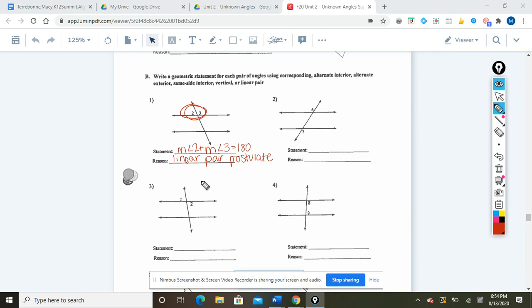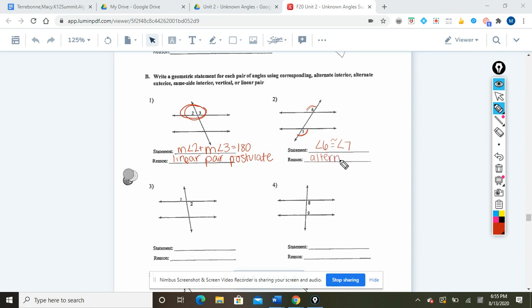Okay, if we look at number 2, these are congruent angles. They're both obtuse. So I'm going to say angle 6 is congruent to angle 7. Or if I wanted to, I could say measure of angle 6 equals measure of angle 7. Same thing. What kind of angles are they?